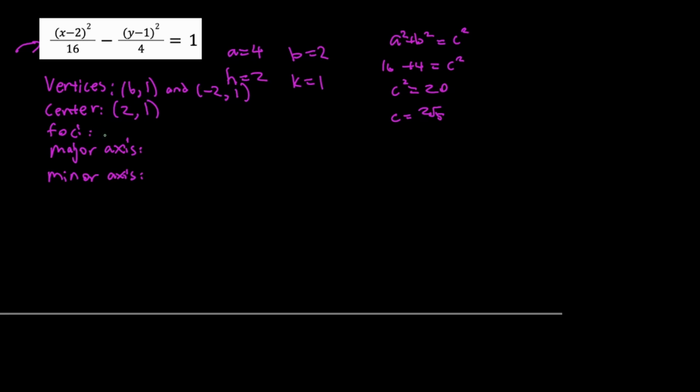That means the foci are at (2 root 5, 0) and (-2 root 5, 0). And the major axis length, like we said earlier, is just 2a, so that would be 8. And the minor axis length would be 2b, which is 4.